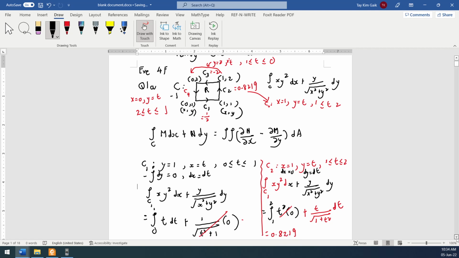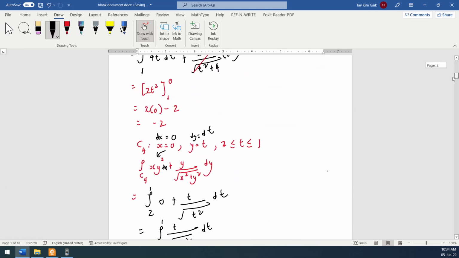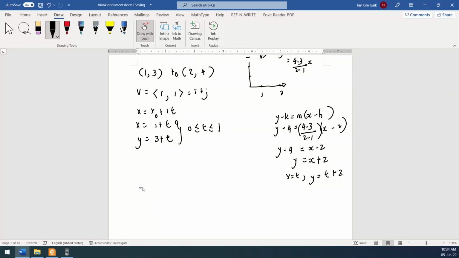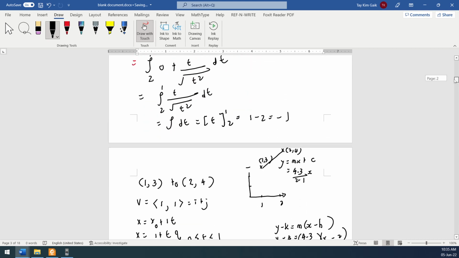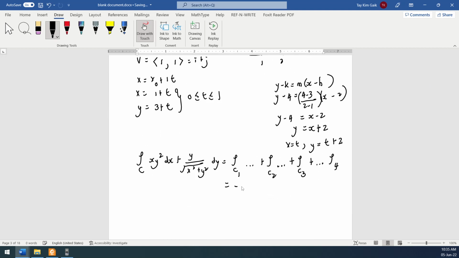Okay, now we add up all the answers. So the C, x y squared dx plus y over square root of x squared plus y squared dy, you have to do along C1 plus along C2 plus along C3 plus along C4. C1 just now is -2.